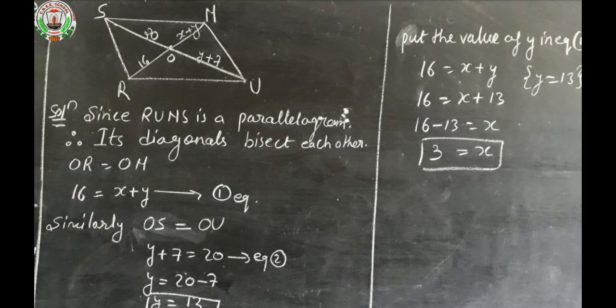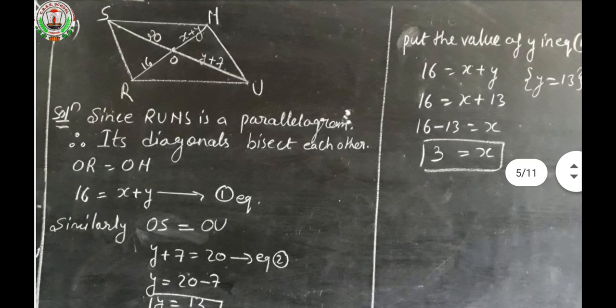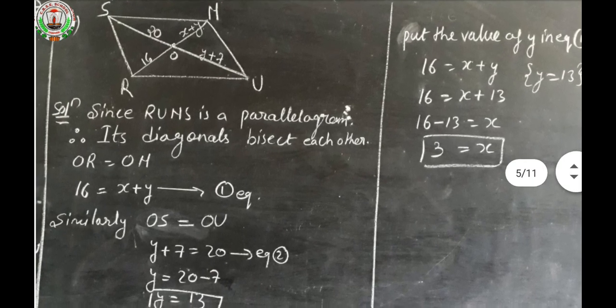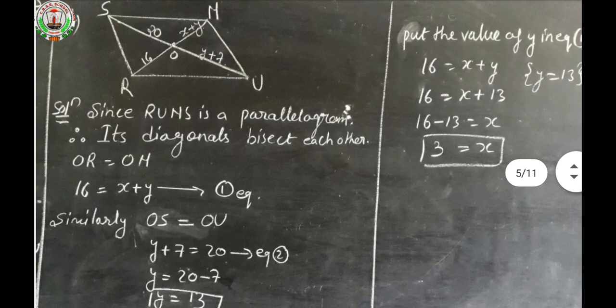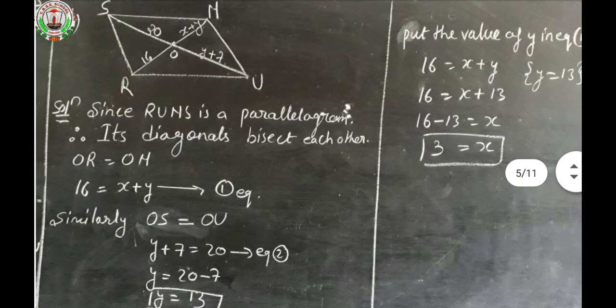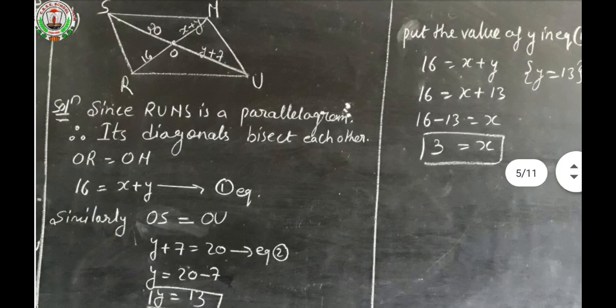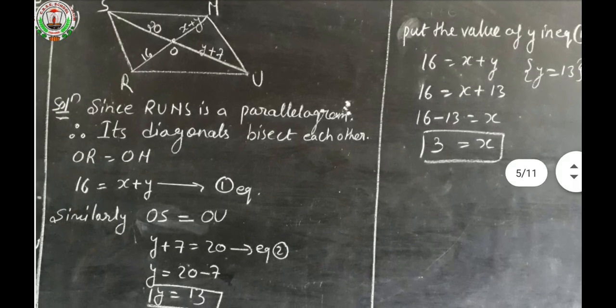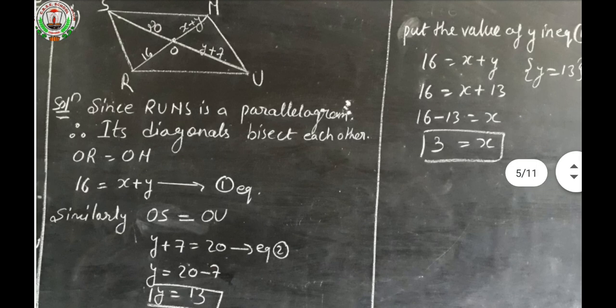Since RUNS is a parallelogram, therefore its diagonals bisect each other. I explained that earlier. So how does the diagonal bisect? OR is equal to ON. The diagonal RN is bisected at O, isn't it?